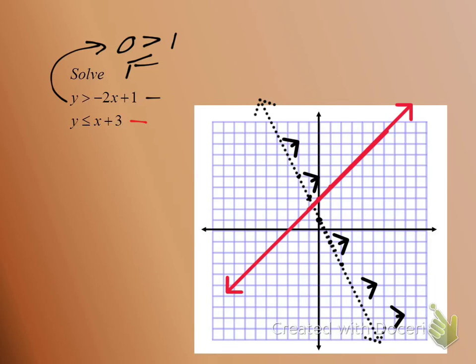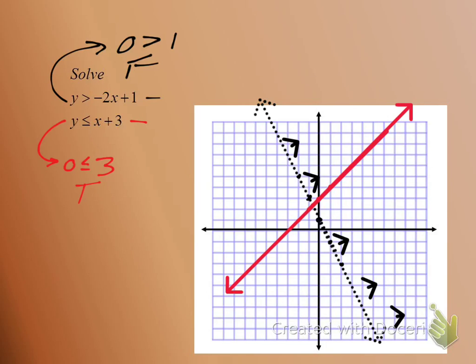It doesn't go through 0, 0, so go ahead and test 0, 0. So you get 0 is less than or equal to 3. True or false? That one's true. So your red line, you're going to shade what compared to the origin?